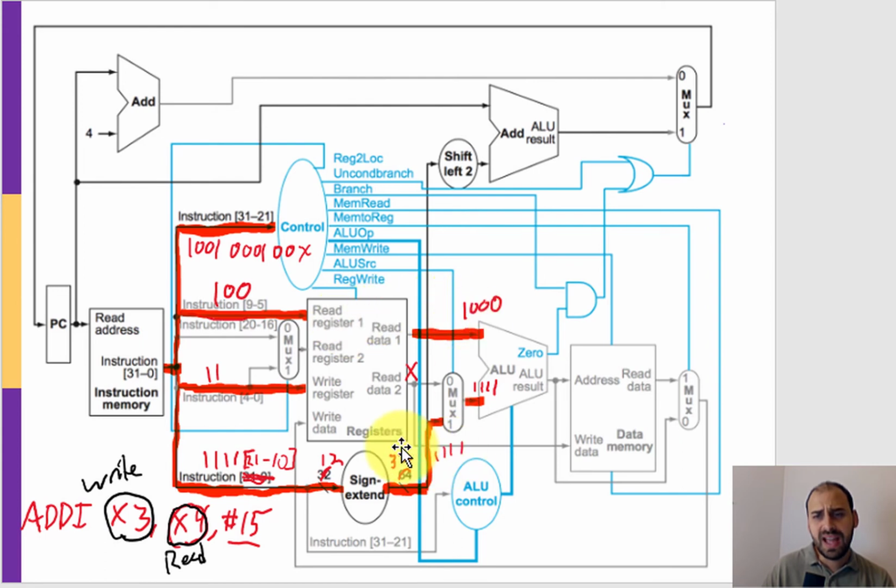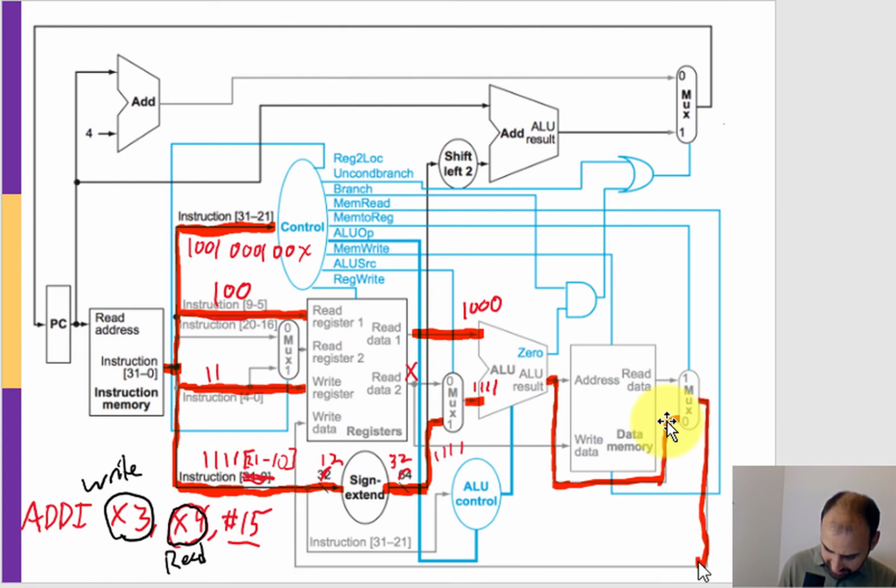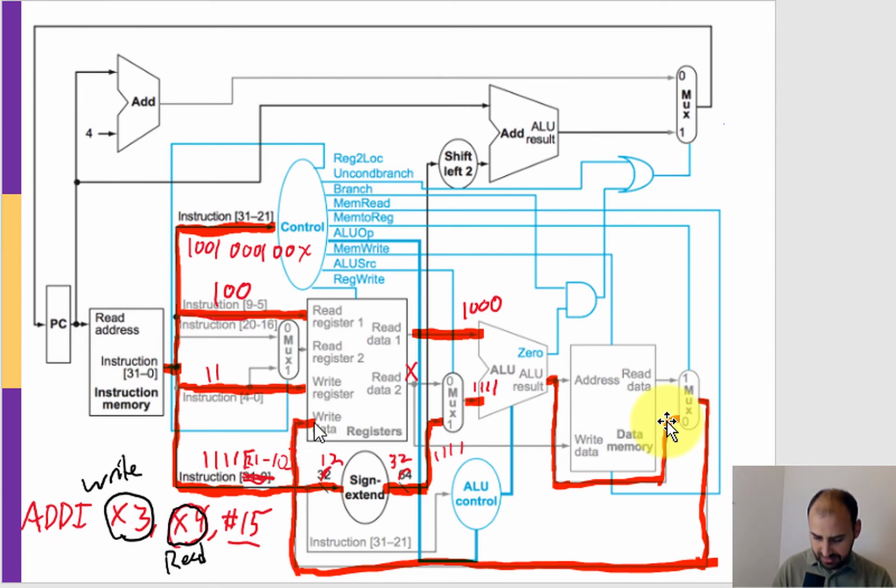So we've done that. Now let's add our 15 and 8. We get our 23. We're going to bypass memory again, and we're going to write that 23 all the way back into the write data port of the register file.